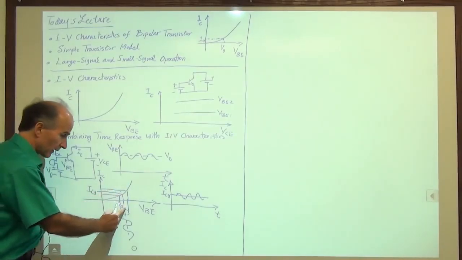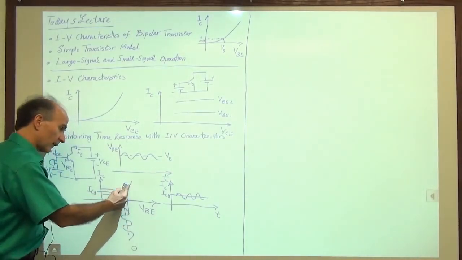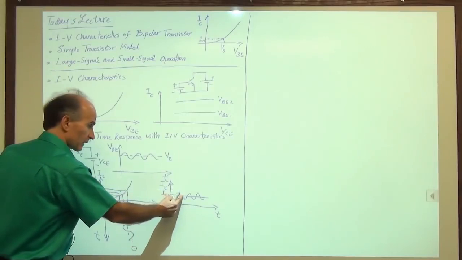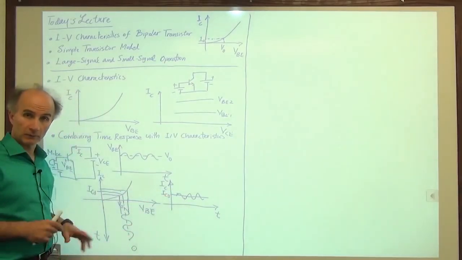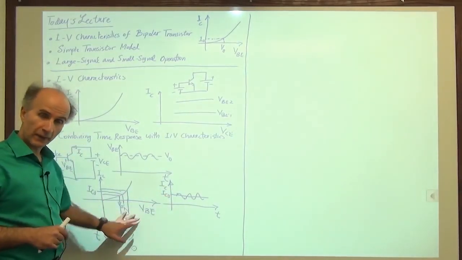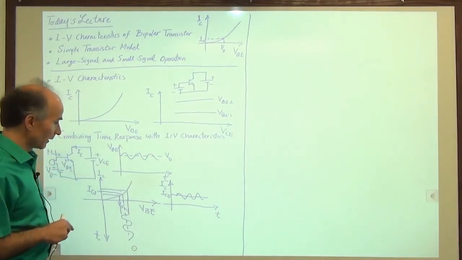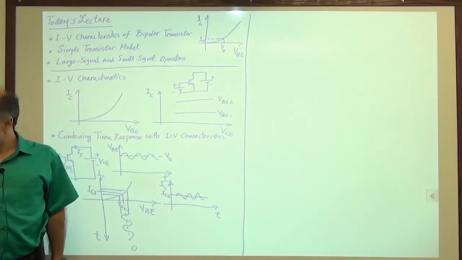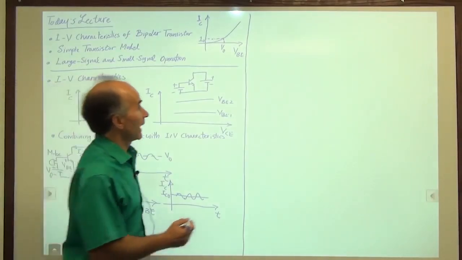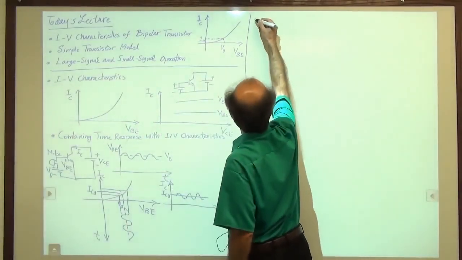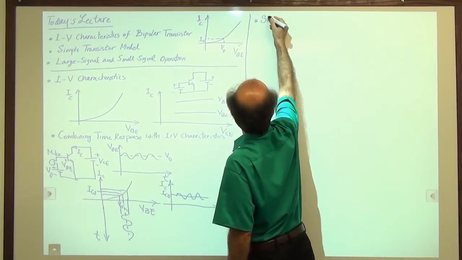We are subjecting a sinusoid to this nonlinear variation. So whether this is a sinusoid or not, we don't know, probably not. That's an interesting point that we will come back to a little later. All right, so with that, we are now ready to look at the simple bipolar transistor model.